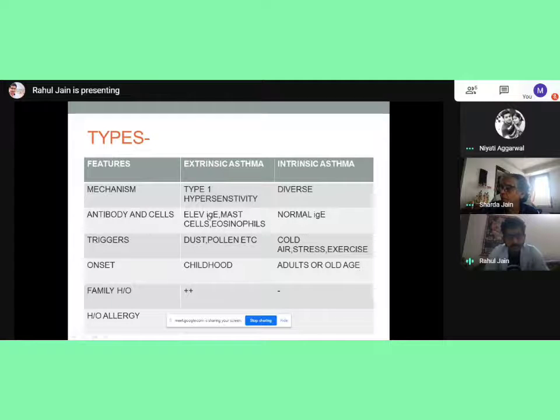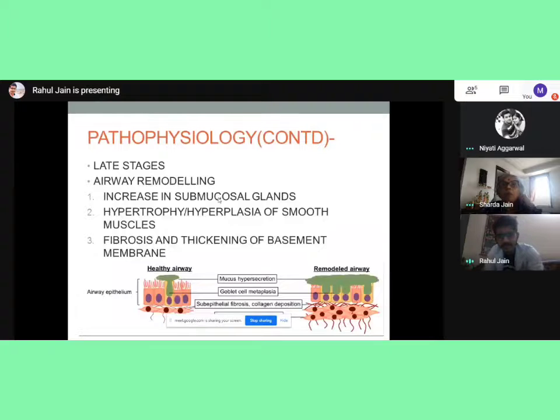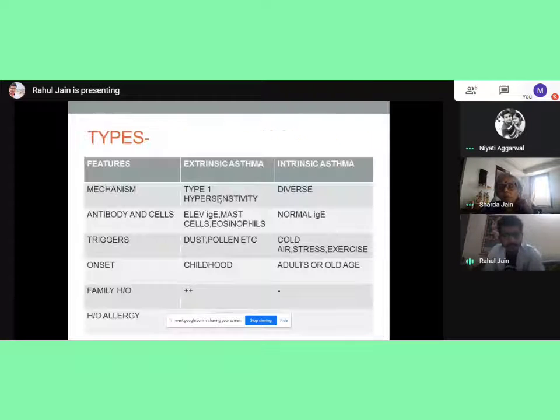Then antibody and mast cell: as we already discussed, in extrinsic asthma there is IgE involvement, but in intrinsic there is no IgE involvement. So we can do this objectively by doing an IgE measurement, and it will be elevated in extrinsic asthma, but normal in intrinsic asthma. Okay. Then history of allergy will be present in extrinsic asthma, but there will be no history of allergy in intrinsic asthma.